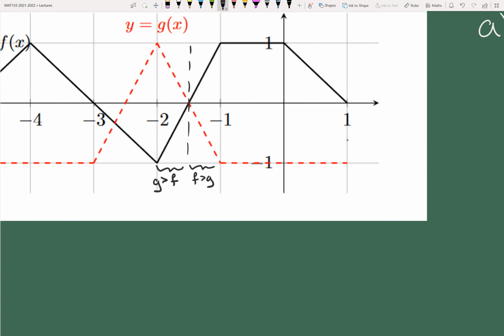Because we're looking at the integral of f minus g, on the left-hand side the values are negative and on the right-hand side they're positive, because we're taking f and subtracting g. If f is bigger than g, the area is positive; if f is less than g, the area is negative. So here our area is negative, and here our area is positive. But they're the same in absolute area, with different signs, so they cancel each other out to give 0.